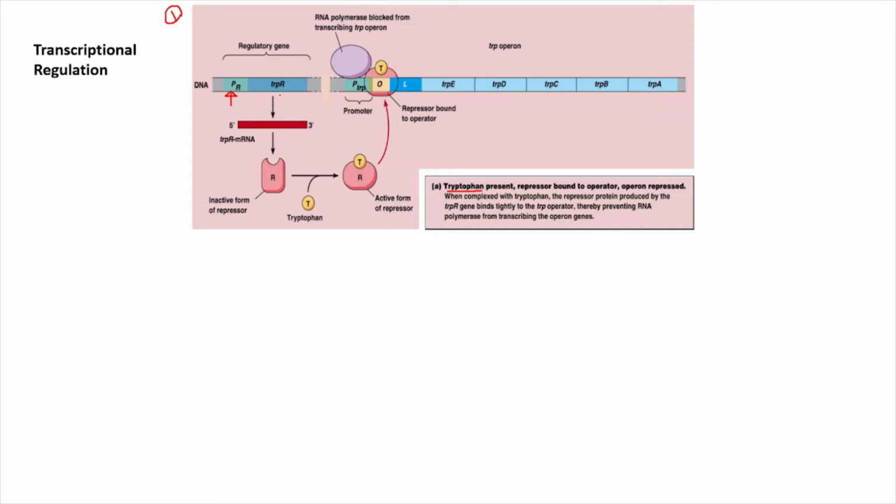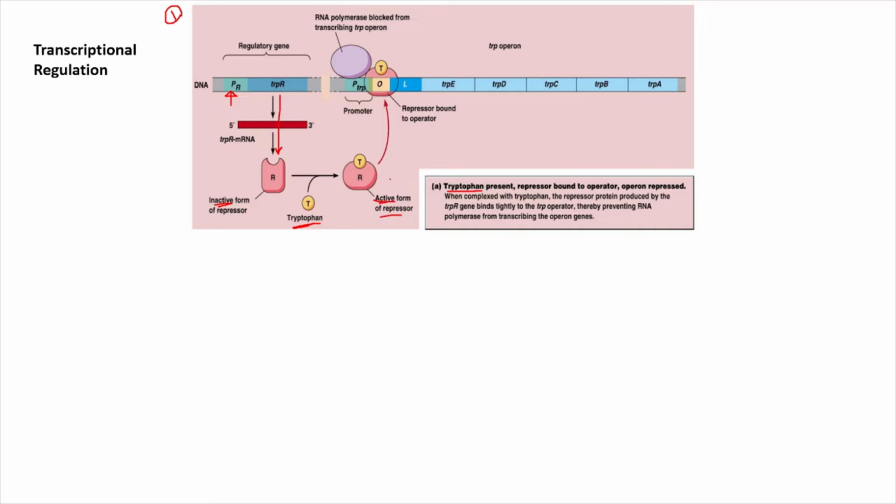This trpR gene codes for the repressor protein, and this is the inactive form of the repressor. Only when this inactive repressor binds with tryptophan present in the media does it become the active form of the repressor. What happens next?